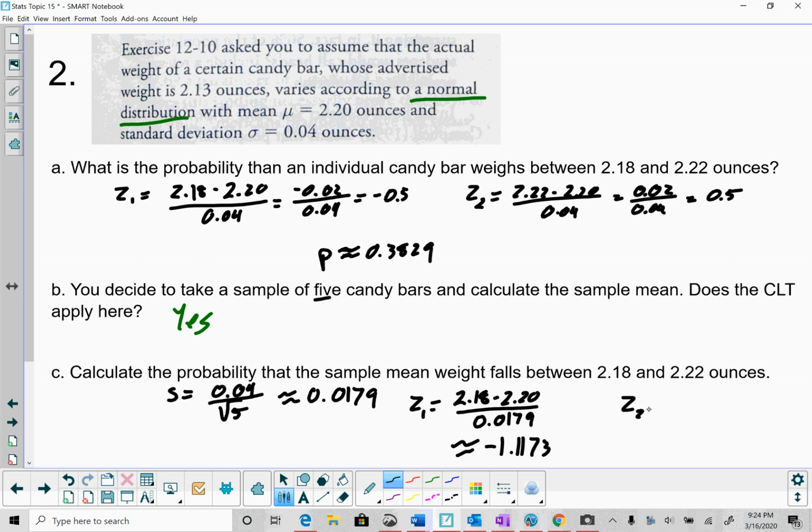And for z2, well, okay, we're going to do the same thing that we did before, 2.22 minus 2.20. Just like before, that's going to give us 0.02, but now we're going to divide by the new sample standard deviation, and this will be positive 1.1173.